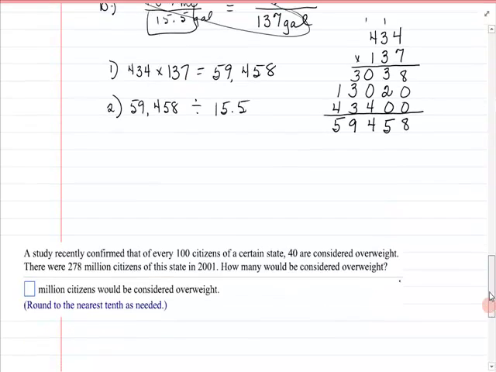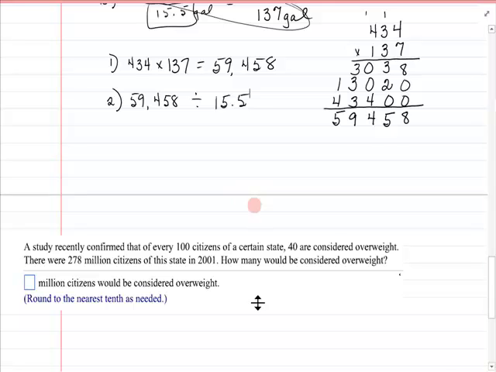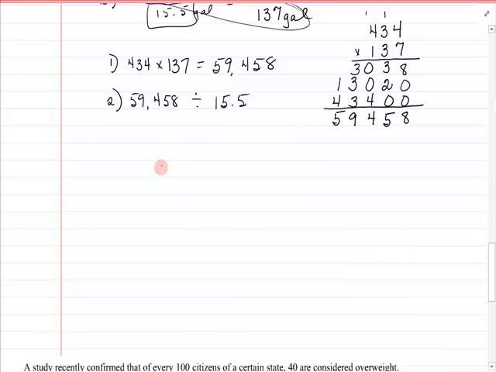So I need plenty of room to do that. 15.5 into 59,458. Move the decimal one place, pick up a decimal, move it 1, and put the 0.